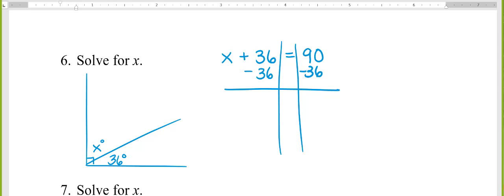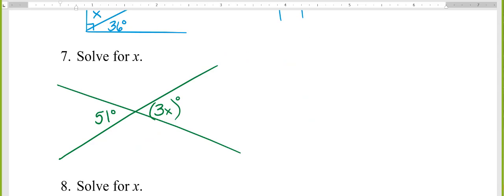So we get x equals 10 minus 6 is 4. 8 minus 3 is 5. X is equal to 54.